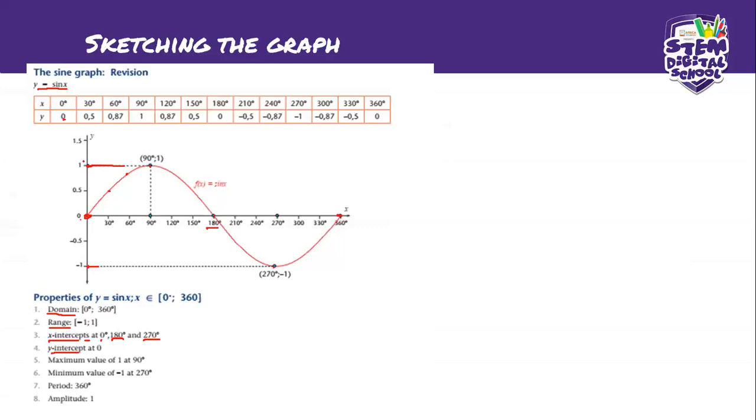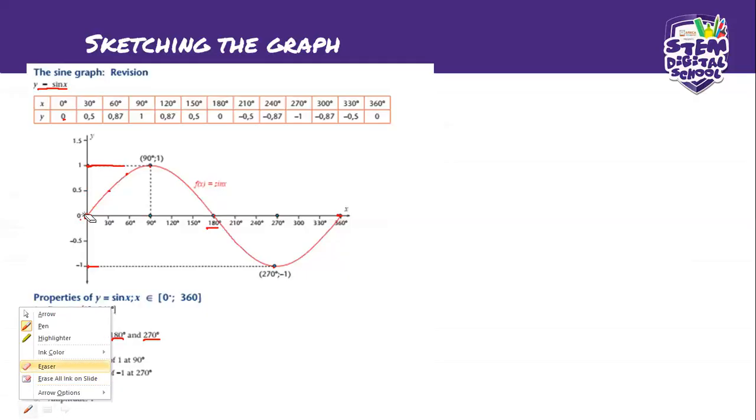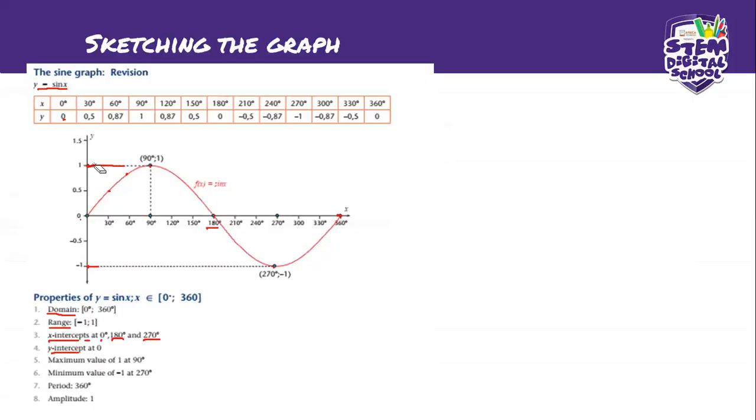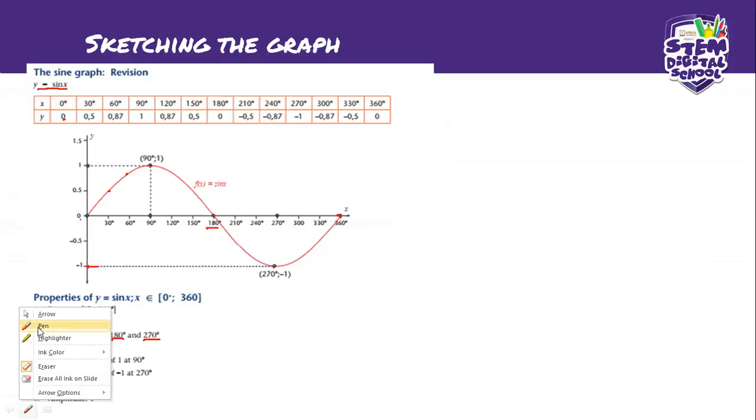So our y-intercept is 0. Let me just erase this so that you can see. All right. This 0 is our y-intercept, right?